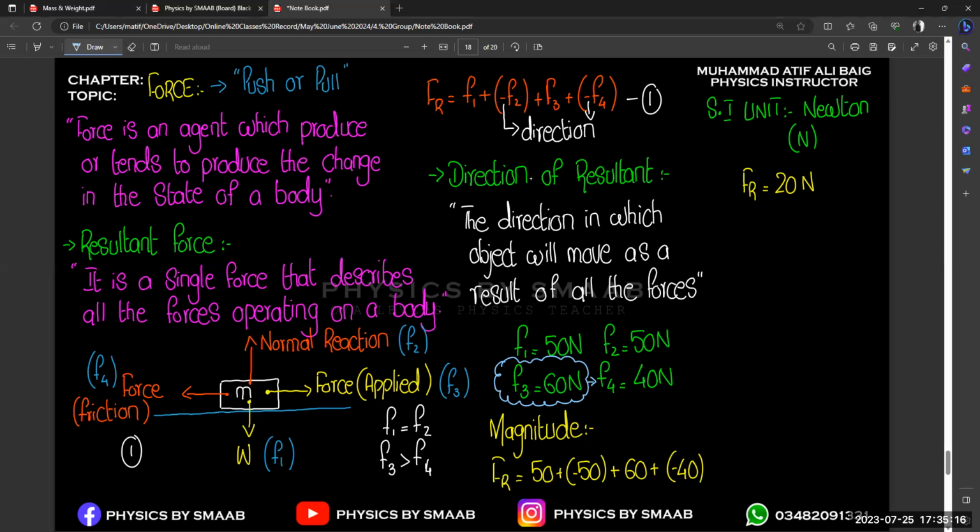If you want to write the direction for this example, you simply write that the resultant force acts 20 Newton in the direction of, you don't need to specify the direction like right side, left side, upward, downward.